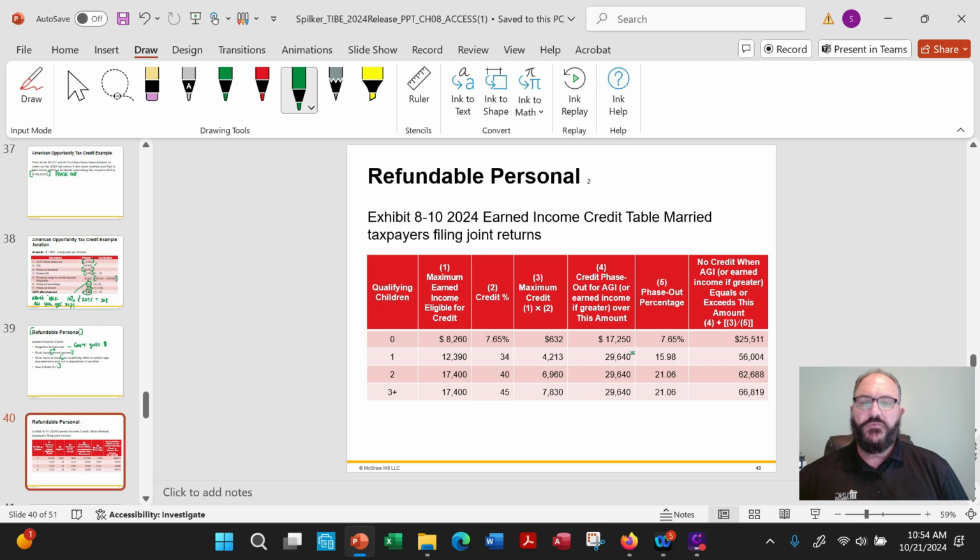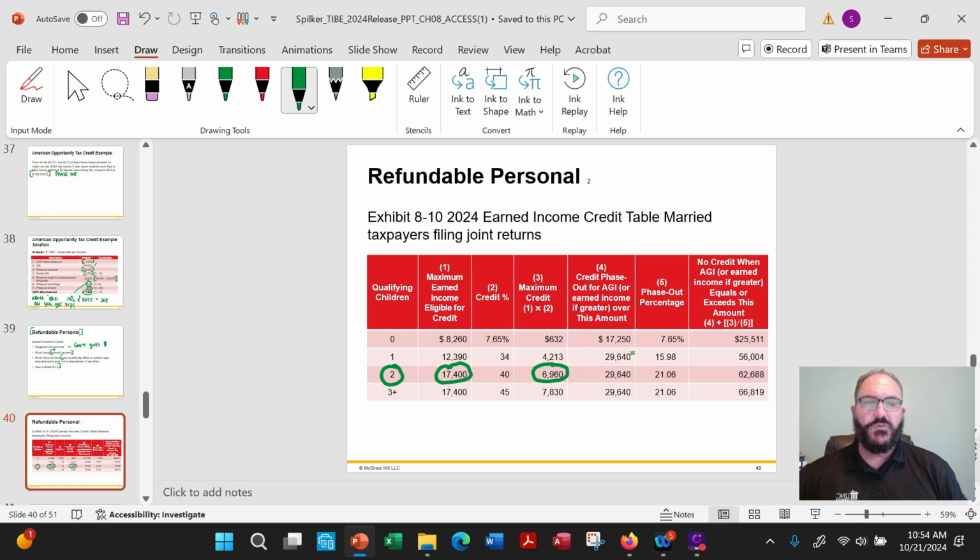So look, let's say you have qualifying children, you have 2 kids. Maximum earned income is $17,400. With 2 kids, I don't know what you do. Take that times the 40% here, and it gives you a maximum credit of this.